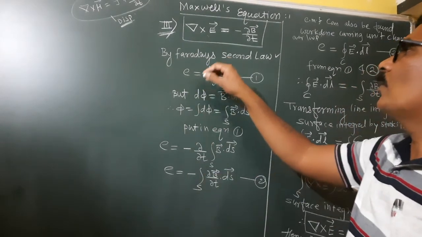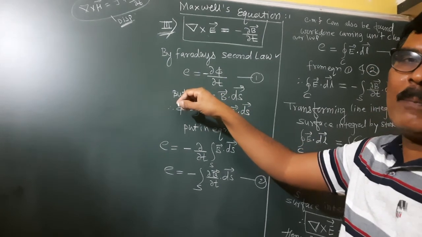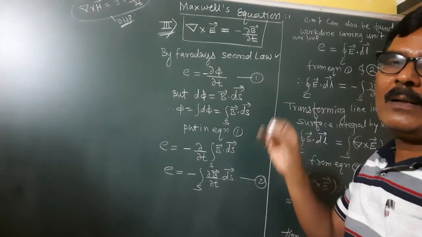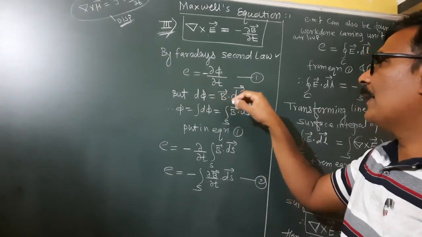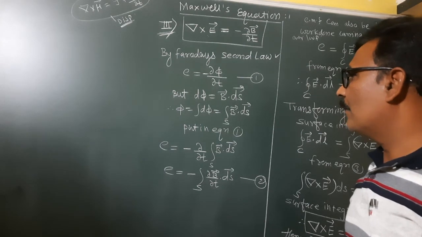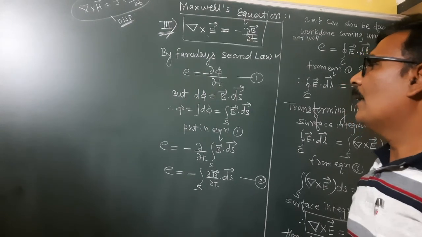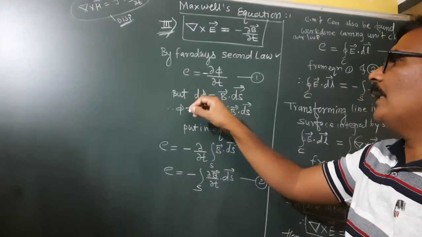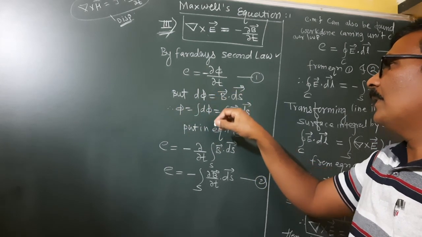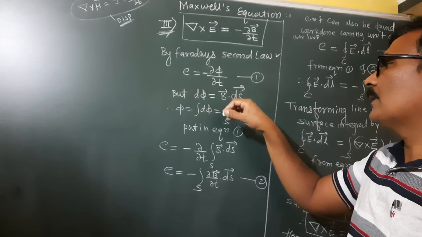By definition of magnetic flux, φ is the product of B⃗·dA⃗ or ds⃗, where B⃗ is the magnetic induction and ds⃗ is the area. Integrating this, we get φ as the integration over a surface S of B⃗·ds⃗.